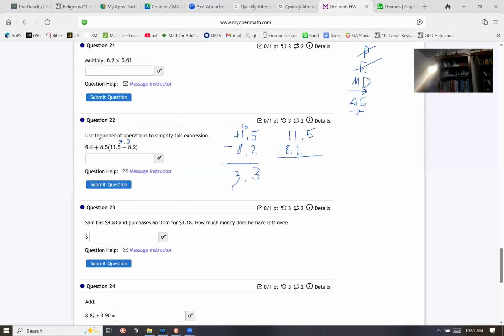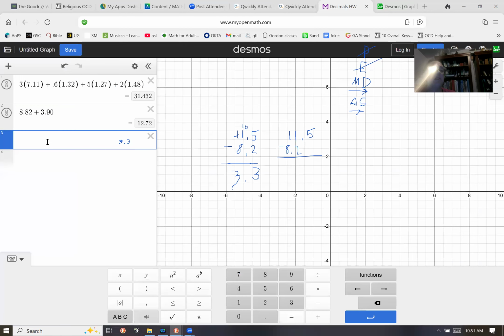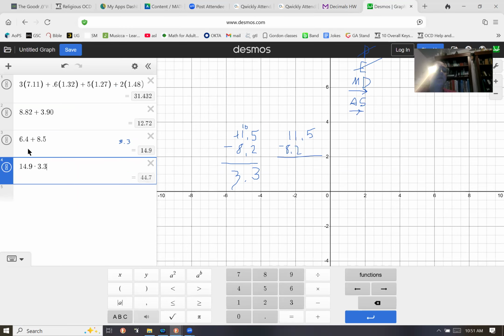If you did 6.4 plus 8.5 and then multiplied, you wouldn't get the correct answer. It wouldn't be the same. Let me show it to you. If we have 6.4 plus 8.5, and then we take all of that, the 14.9 times 3.3, we get 49.17.